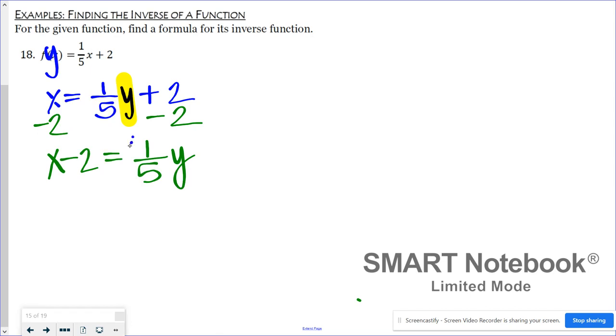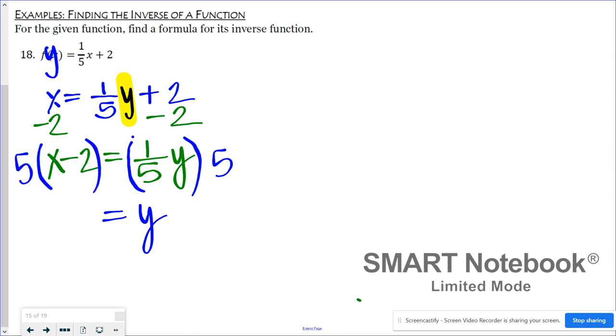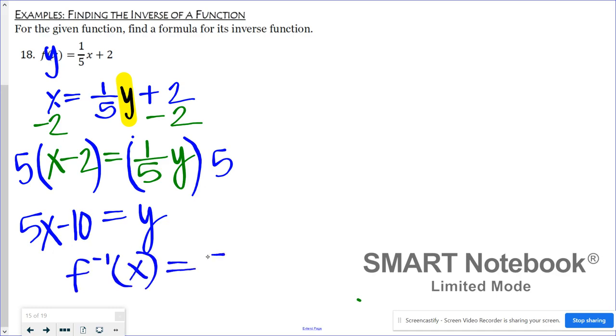If I simply multiply this whole right-hand side by 5, 1/5 times 5, we'll get that y all by itself, right? But remember, I have to keep things equal and fair, so I need to multiply the left-hand side by 5 as well, and that gives me 5x minus 10 after I distribute. And so that would be my inverse function. My inverse function, let me use my notation, is 5x minus 10.